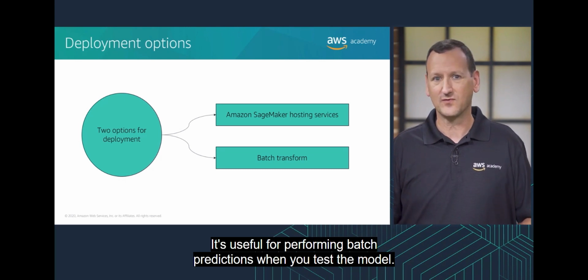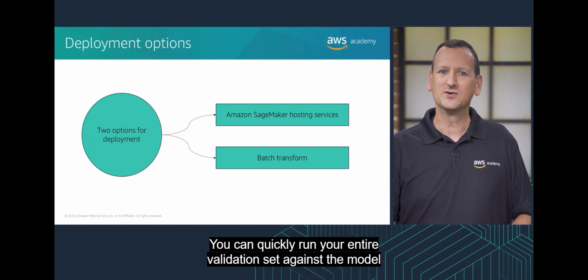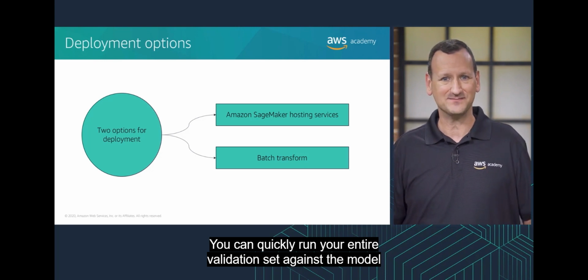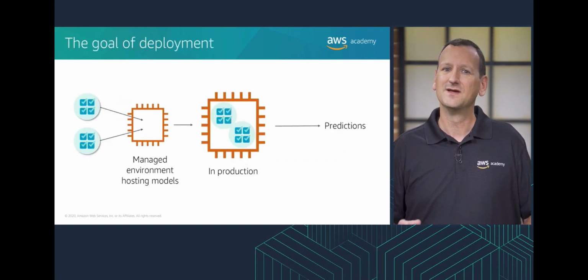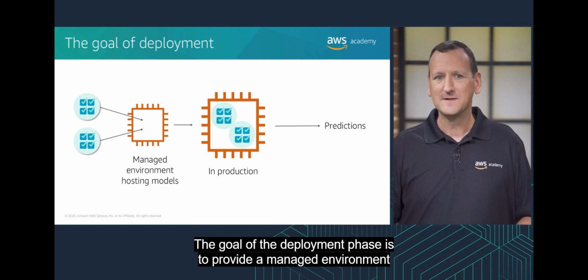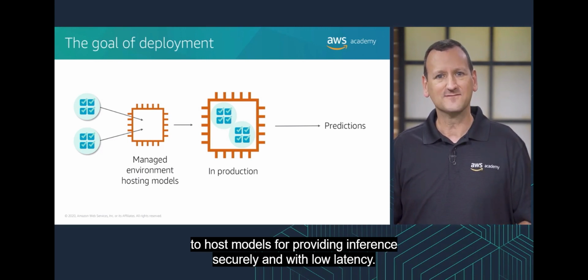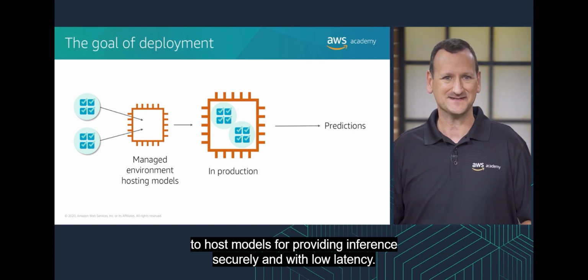It's useful for performing batch predictions when you test the model. You can quickly run your entire validation set against the model without writing any code to process and collate the individual results. The goal of the deployment phase is to provide a managed environment to host models for providing inference securely and with low latency.